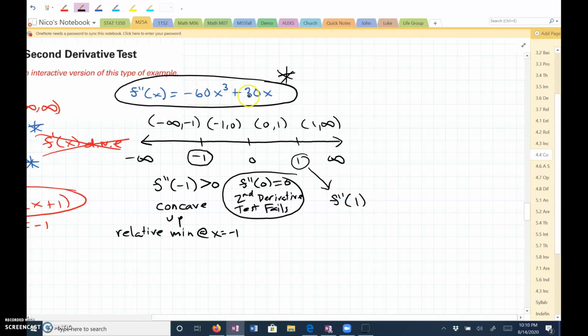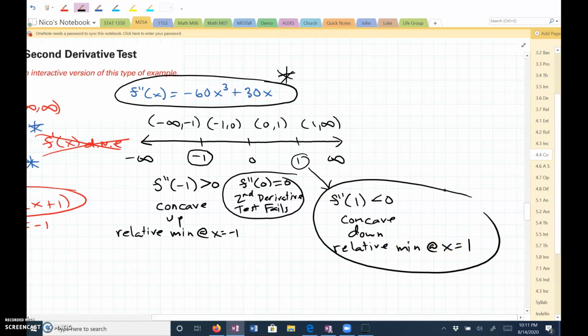So this would be -60 plus 30. That's going to be less than 0. Okay. So this is going to be concave down, which means we have a relative max at x equals 1.